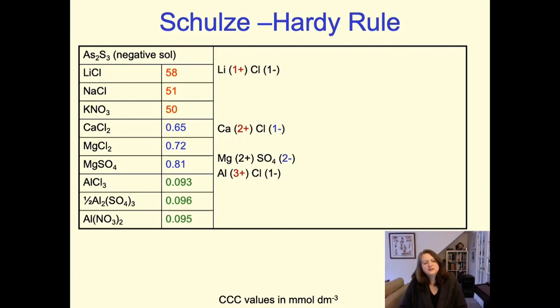So as you go from the first three to the second three, the charge on the positive ion has gone from 1+ to 2+, and we see roughly a 10-fold difference in the amount of the electrolyte you need to add. And if you go to a 3+ counter ion, in the case of the last three examples, it changes 10-fold again. So you can see that the ion that is significantly changing the concentration of electrolyte you need to add is the positive ion and the charge number of the positive ion, and not the negative ion, because this is a negative particle.